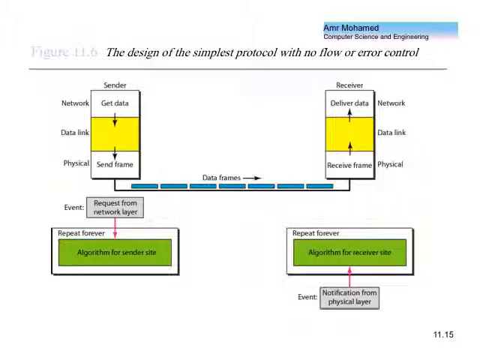The best way to understand a protocol is to first think about what are the events that this protocol needs to process. Okay. For the simplest protocol, the way it works is that the network layer creates what we call a packet, right?